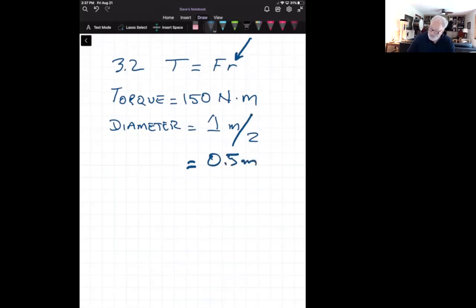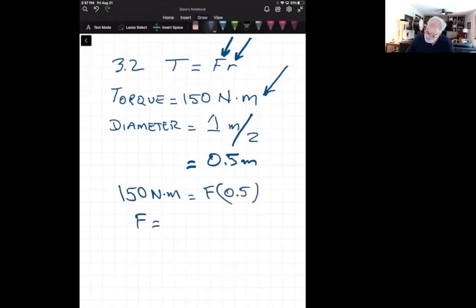So if we go back to our equation, we want to know what force I would have to apply to get this amount of torque. Let's plug in what we know. I've got 150 Newton meters as the torque. The force is what we're trying to find out, and the radius is 0.5 meters.